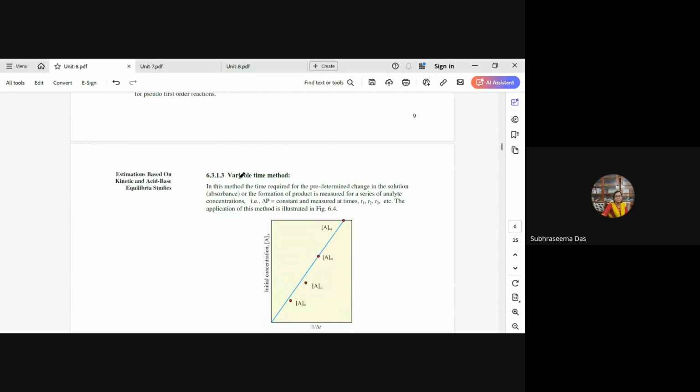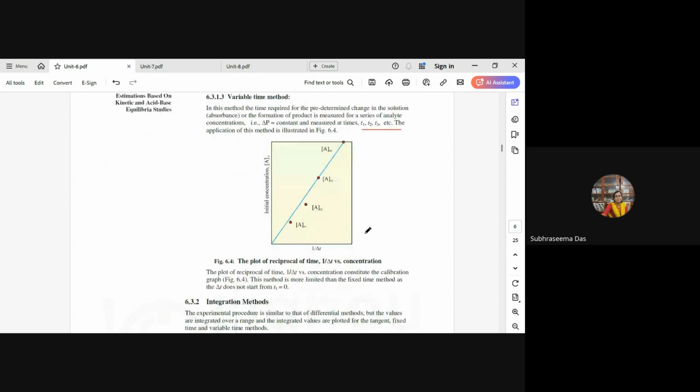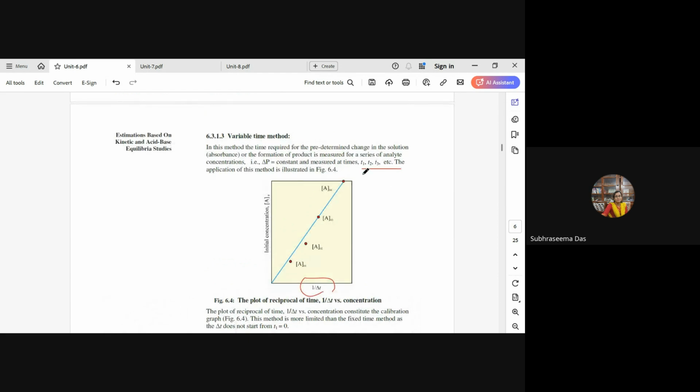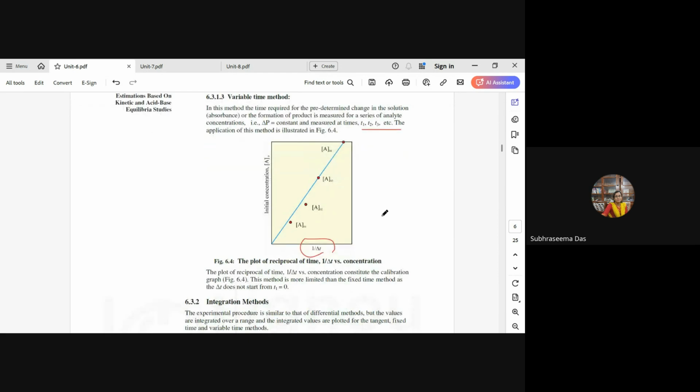Then comes the variable time method. So here, as the name implies, the time is varied. So that is, delta P remains constant, and it is measured at different time intervals like T1, T2, T3. Here in figure 6.4, it is shown the plot of the reciprocal of time. The times are varied, but delta P remains constant, and the plot of 1 by delta P is taken versus concentration.